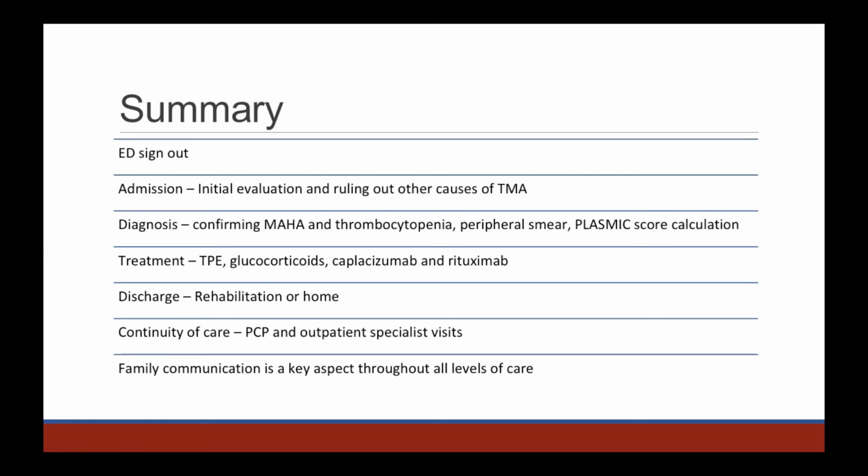Confirming of MAHA and thrombocytopenia are the key initial tests, with the peripheral smear, calculating the plasmic score, actually initiating the treatment in coordination with the consult teams and your own clinical suspicion, initiating other medications, IV glucocorticoids, and of course the brief thing that we discussed about the discharge planning and the continuity of care, and updating families and the patient throughout their stay as well.